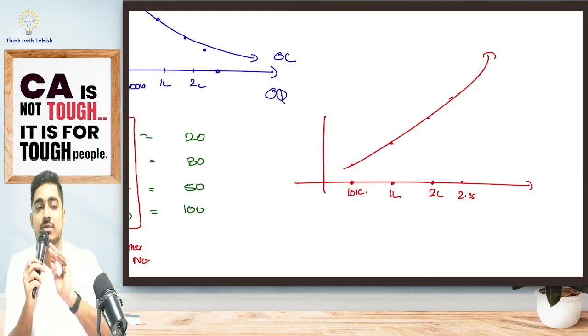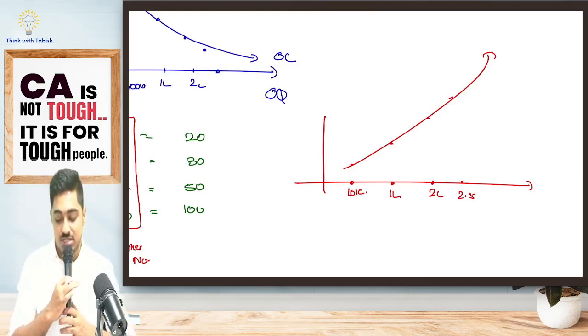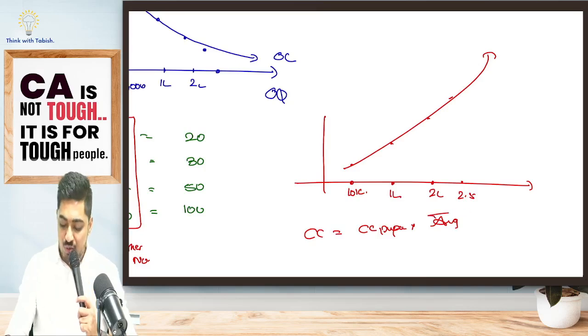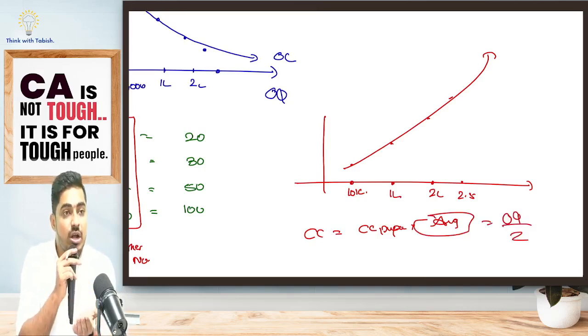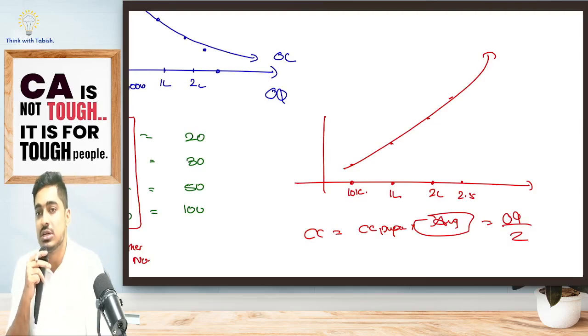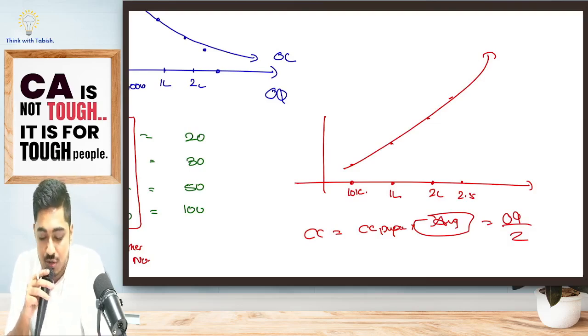Simple logic, boss. Pay attention. My carrying cost is nothing but carrying cost per unit per annum into average inventory. How do I get average inventory? Ordering quantity divided by 2. So if my ordering quantity increases, average inventory increases, and when my average inventory increases, carrying cost increases. End of the discussion. Yes or no, everyone?